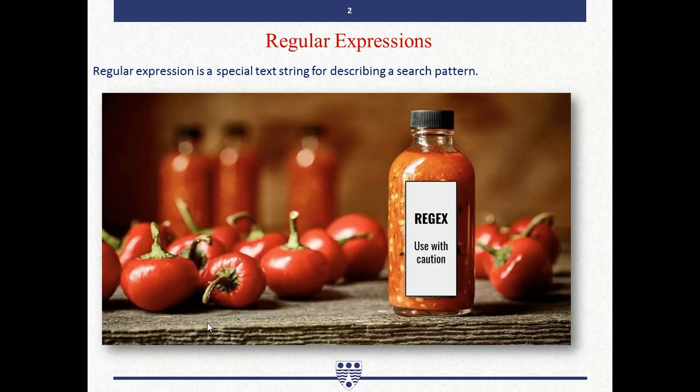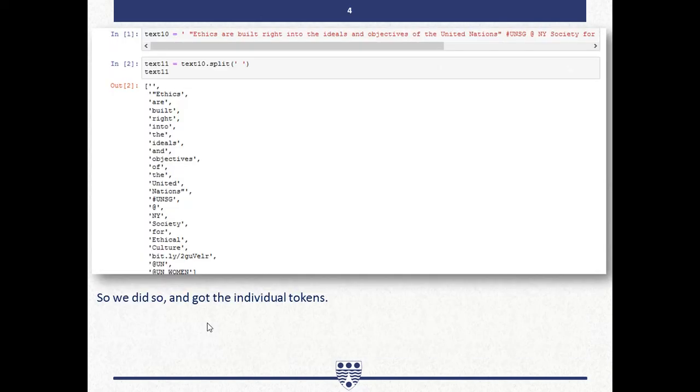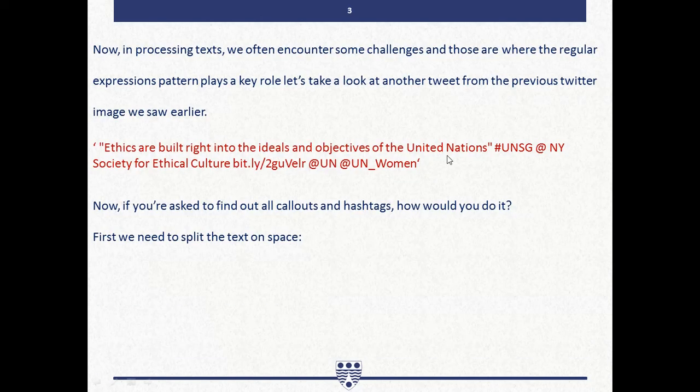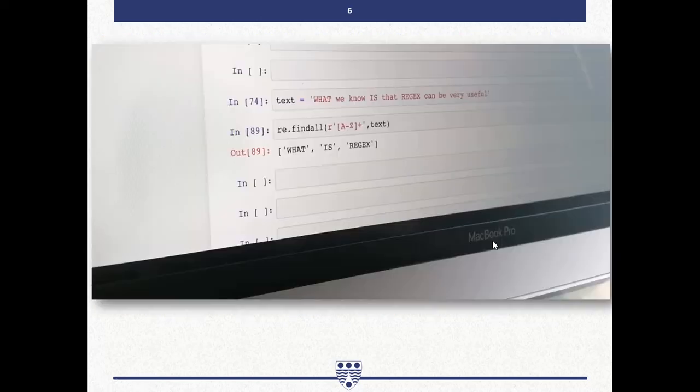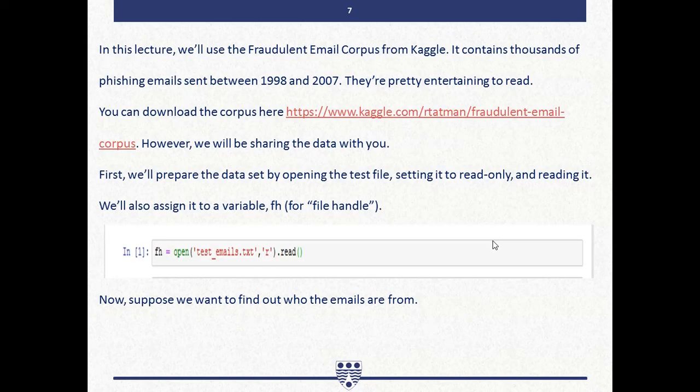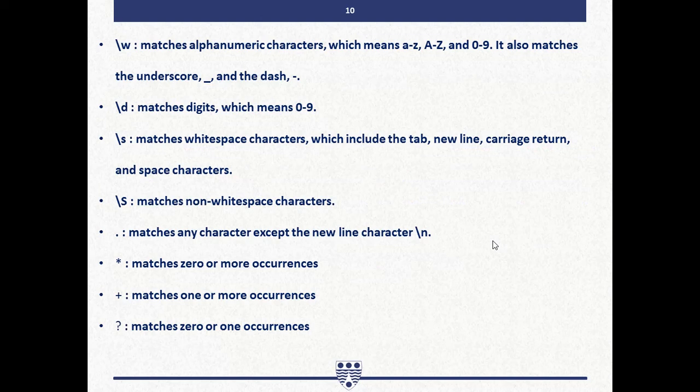Okay, then we went further to see some of the limitations of using string operations that we used in our previous lecture. Okay, then we continued by looking at some of the patterns in regular expressions, like the one that matches the alphanumeric character, digits, and others.